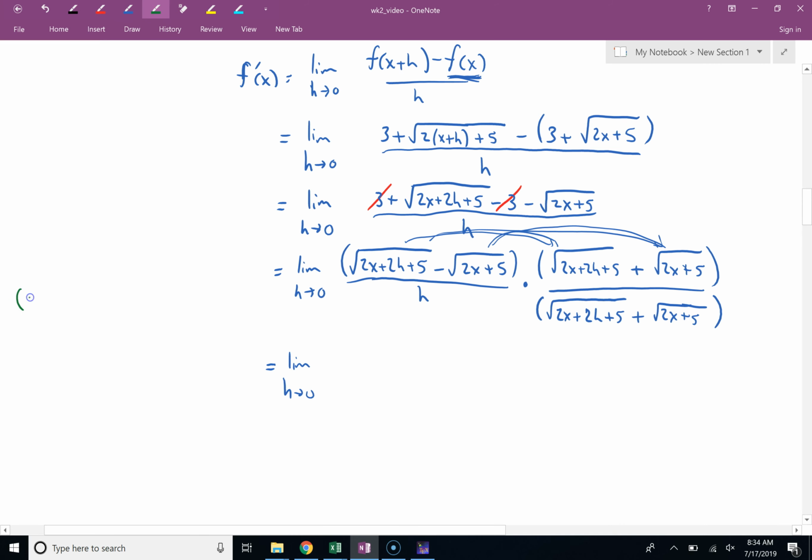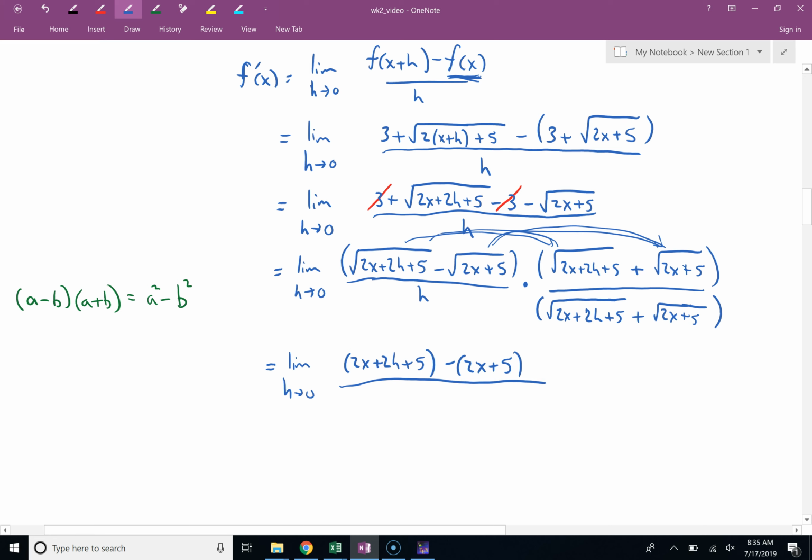So it just says, if you have this a minus b and a plus b, so there's our conjugates right there, then this will end up being a squared minus b squared. Or if you're going the other way, this is called the difference of squares rule. So this is what we're applying right here. So basically we just get to square the first term and square the second term, and that's why I'm going to get here 2x plus 2h plus 5 minus the second term squared. So that's going to be 2x plus 5.